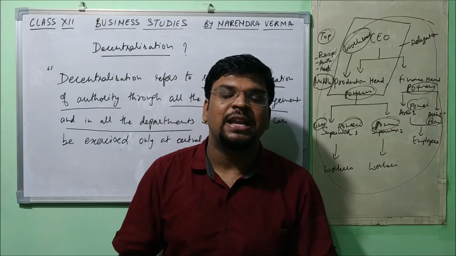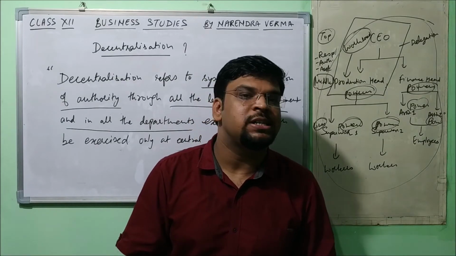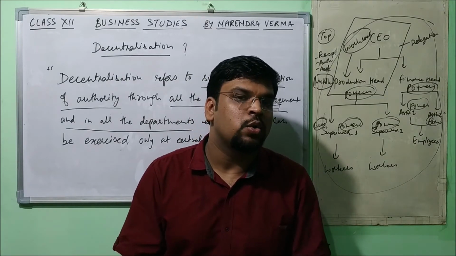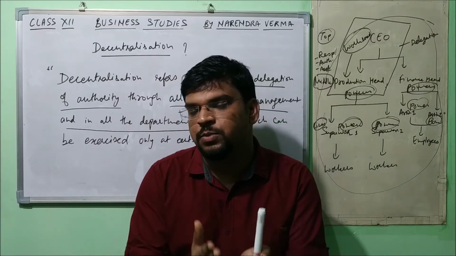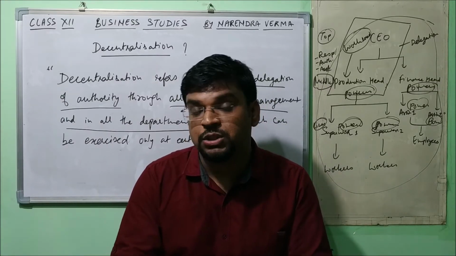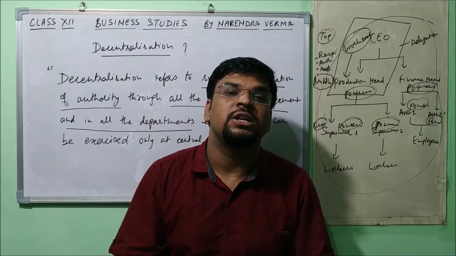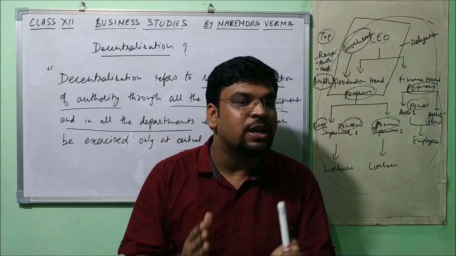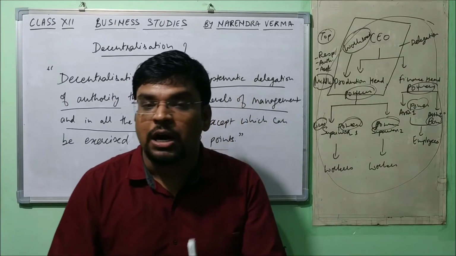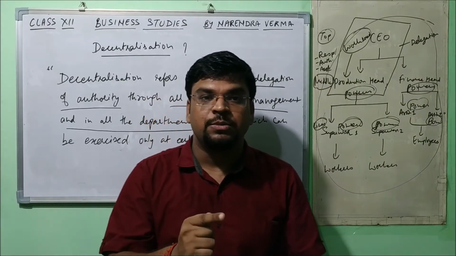Whenever any organization is going to expand itself, then definitely the workload is going to increase. The top level management will not be able to take all the decisions on his own. He has to share the decision making power at various levels of management so that the organization may function pretty well. Understood the point? Always keep this in your mind.